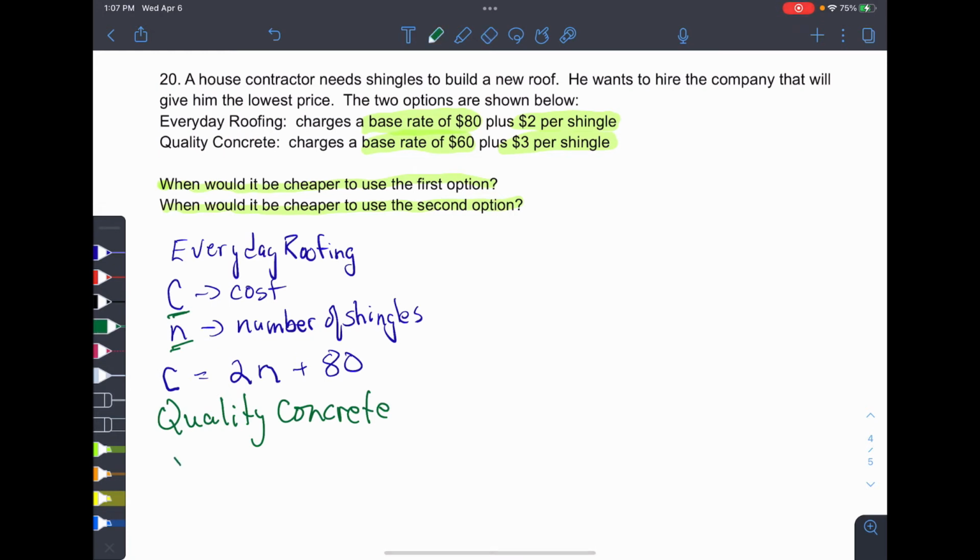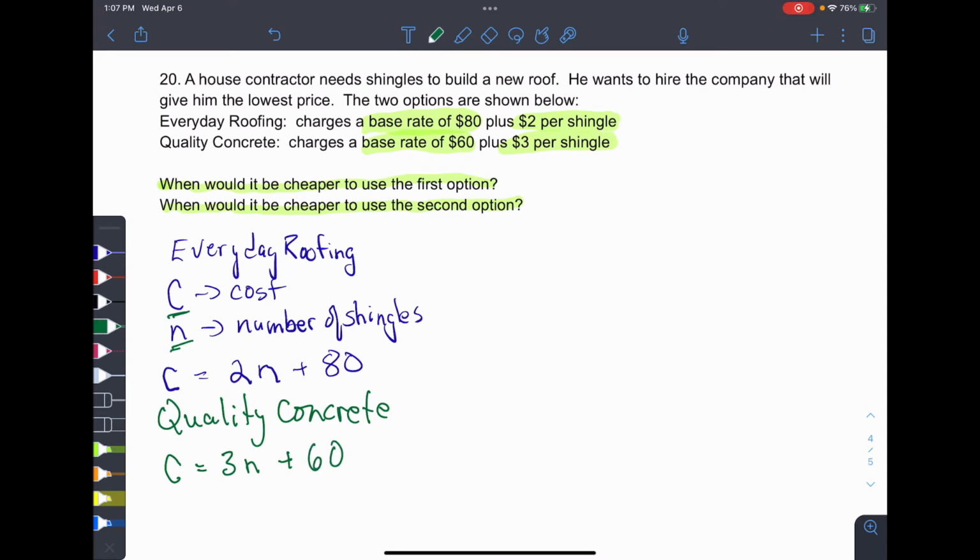They have a different rate per shingle. Their rate is $3 per shingle. So it's a little bit more expensive per shingle, but their base rate over here is cheaper. It's only $60. So let's write that out, plus 60.